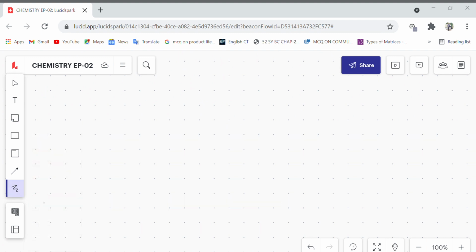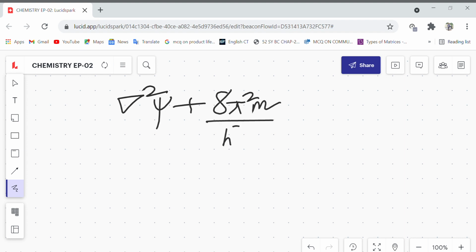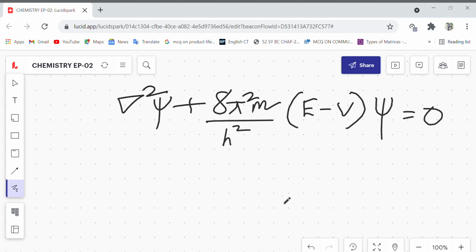We are going to write the equation part: delta delta plus 8 pi square m by h square into E minus V whole into psi equal to 0. Okay. So this one is basically the Schrodinger equation.